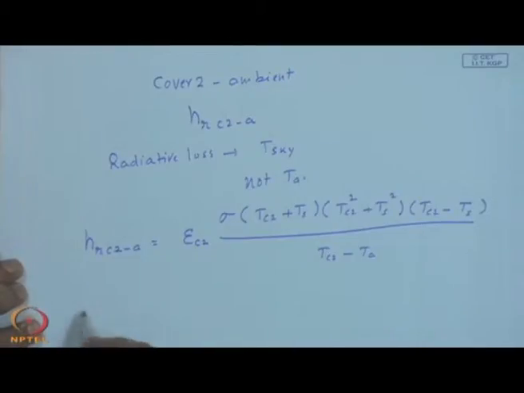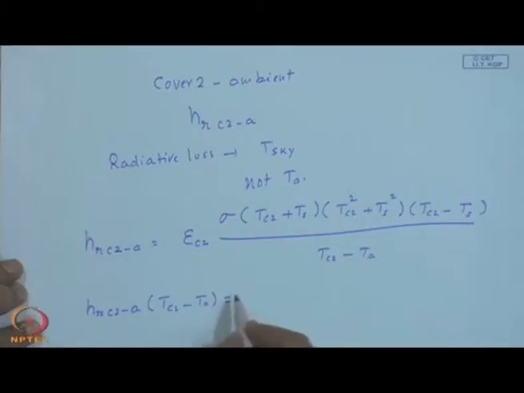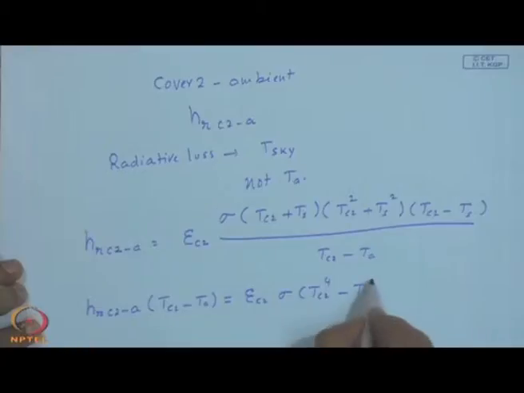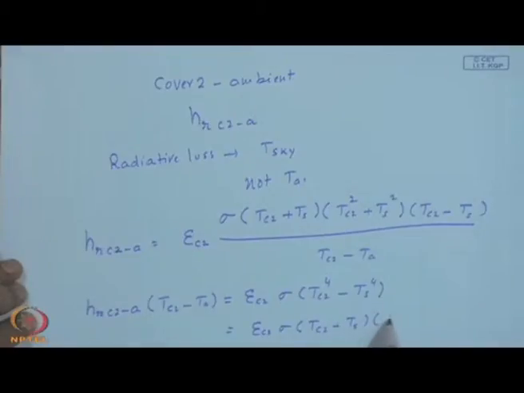What we tried to do was the radiative loss with a heat transfer coefficient of H_R C2 A from T C2 to T a has been expressed as equivalent to epsilon C2 sigma into T C2 to the power 4 minus T s or T sky to the power 4, which is nothing but epsilon C2 sigma times (T C2 plus T s) times (T C2 square plus T s square) times (T C2 minus T s).